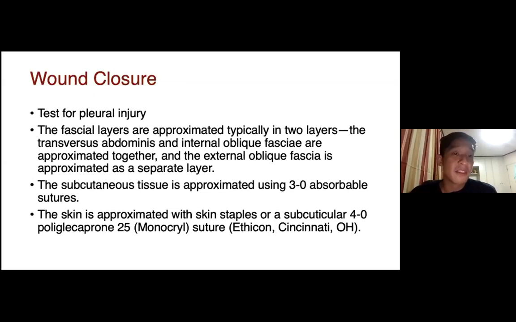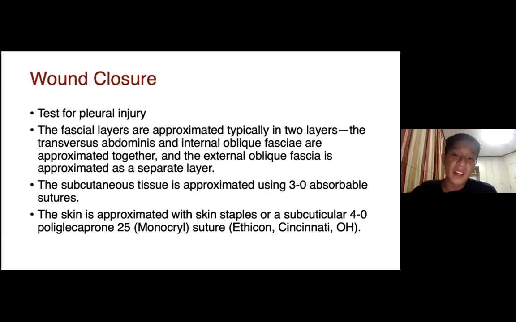The tip of a French 14 catheter is placed in the pleural cavity, and the end of the catheter is then placed in a saline-filled bowl. Then the anesthesiologist again provides an inspiratory breath to evacuate air in the pleural cavity through the red rubber catheter.